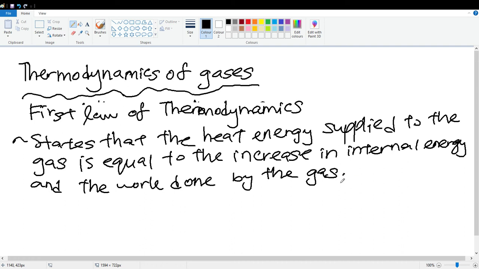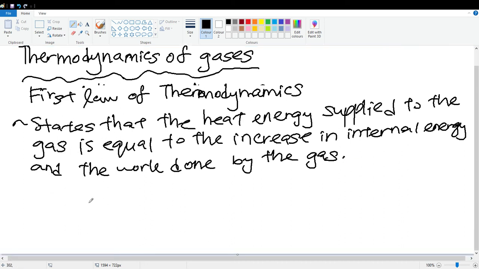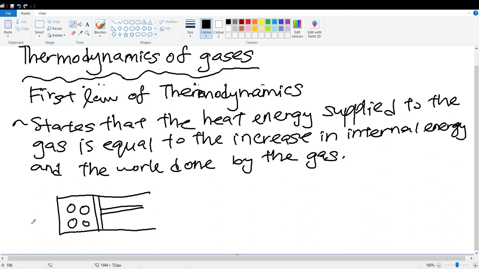Before I state the formula, I have to explain some of this statement. Let's say I have a piston again. This is my piston, and these are my gas molecules. If I supply heat to this system, eventually the gas will gain kinetic energy, as we mentioned in the previous parts.